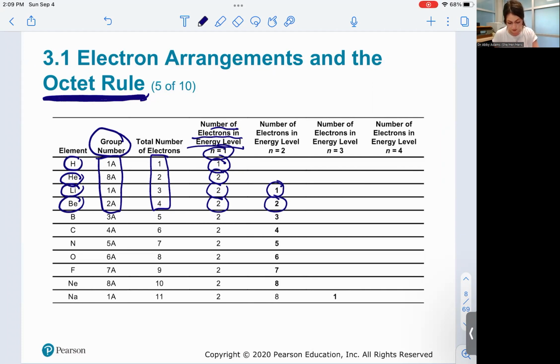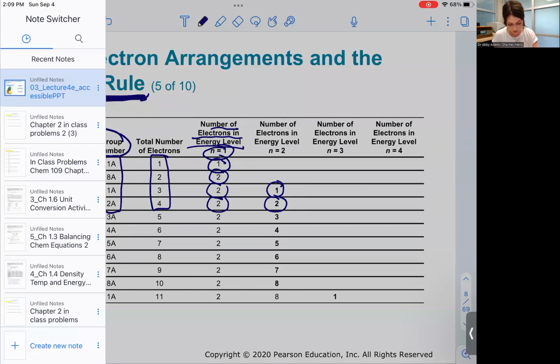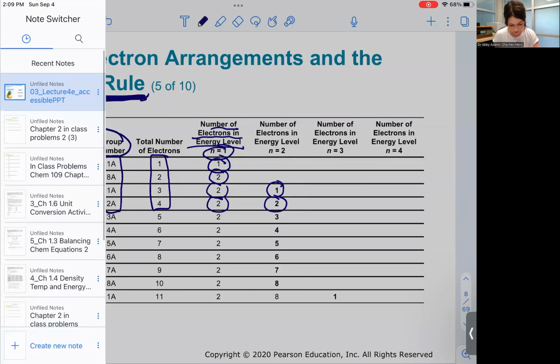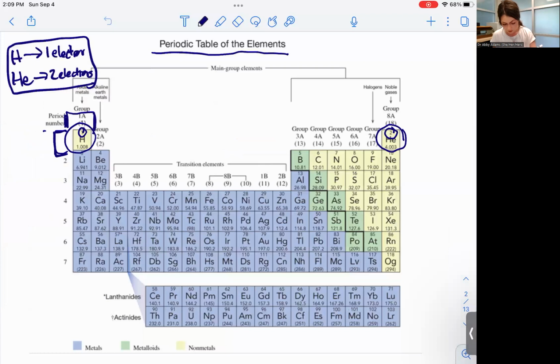All right. So let's look at the periodic table that we just had pulled up here. So, all right, so we see hydrogen here is going to have 1 electron, and helium has 2 electrons. And so they have these electrons in the first energy level.